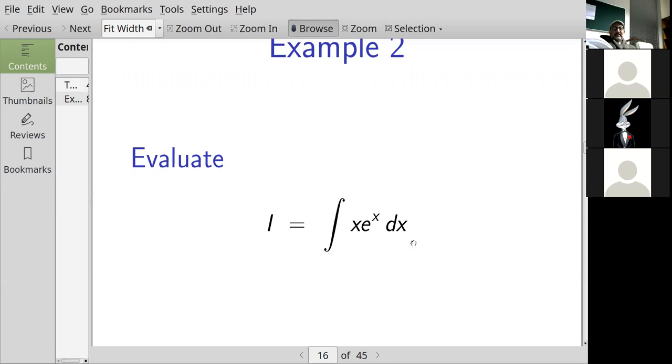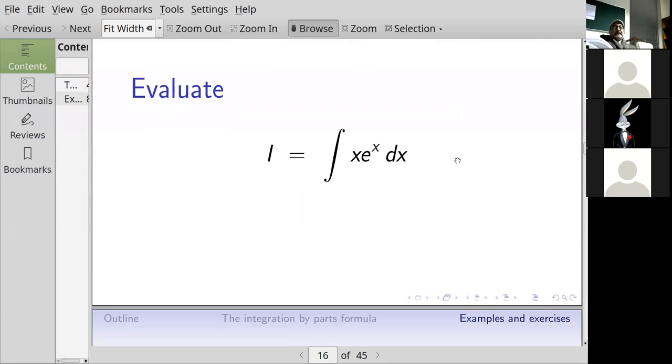And dv then is what? If u is equal to x, what's dv? e to the x dx. And the integral, if dv is e to the x dx, then v is equal to? e to the x. Exponential, right? Right.